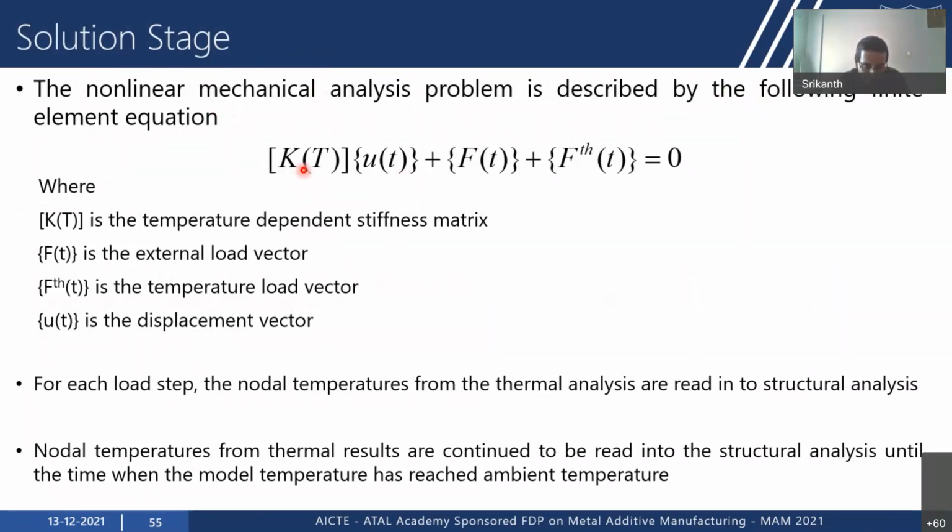This is the temperature dependent stiffness matrix, the external load vector, the temperature load vector, and this is the displacement vector. Now, for each load step, the nodal temperatures from the thermal analysis are read into the structural analysis, till the time when the temperature of the model reaches the ambient temperature.